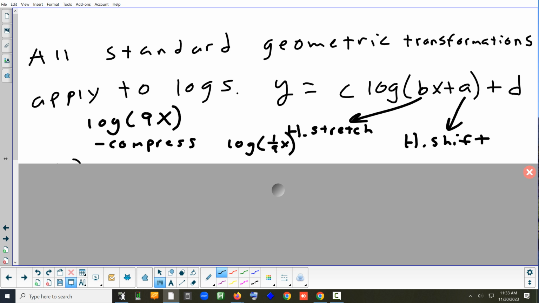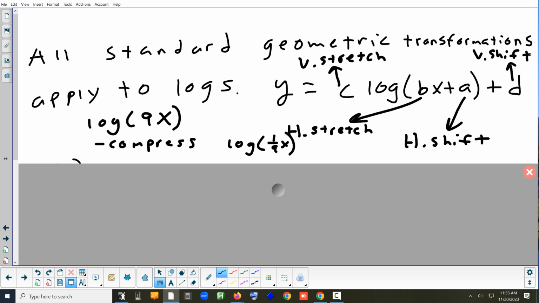Right, now C. Okay. We're outside the parentheses, and we're multiplying. What kind of transformation is it when you multiply outside? Vertical stretch. That's vertical stretch. And what about when you add outside? Vertical shift.